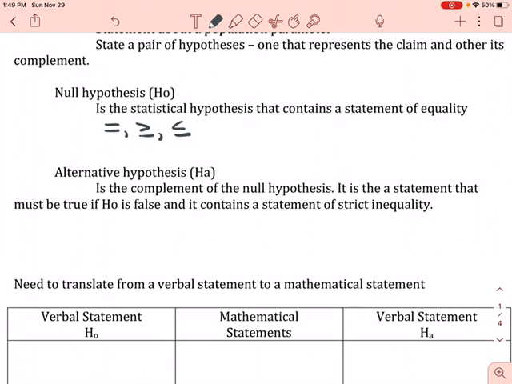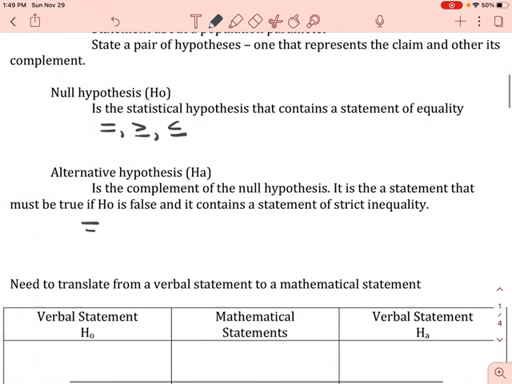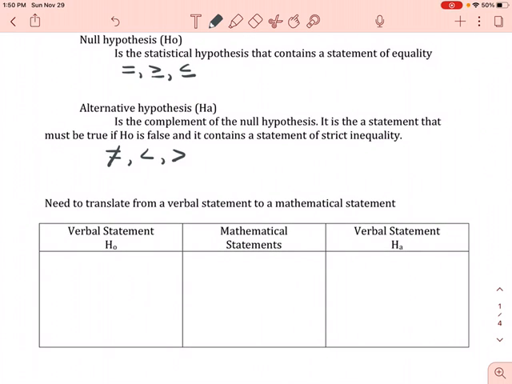It's the statement that must be true if H sub 0 is false, and it contains a statement of strict inequalities. So H sub A's are not equal to, less than, and greater than. Now, either one could be the claim depending on the wording of the problem, and you'll see that in a few minutes. What we want to be able to do is translate from the wording into our H sub 0's and our H sub A's.